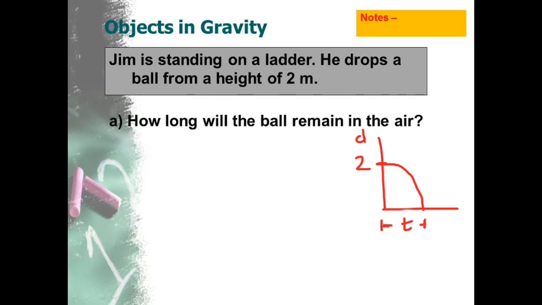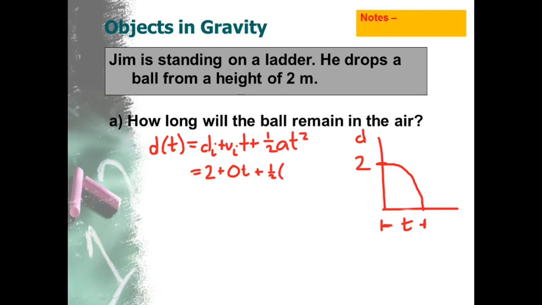All right, so let's start off with our formula, and let's plug in the constants that we know from the problem. Our initial displacement is 2 meters. Our initial velocity is 0. And our acceleration due to gravity is negative 9.8 meters per second squared.